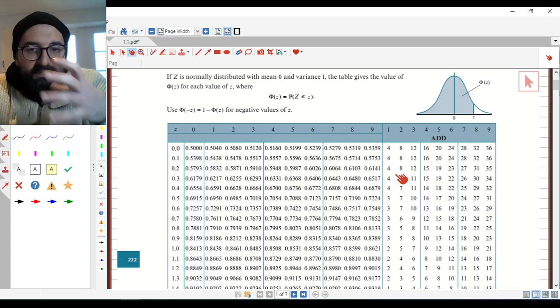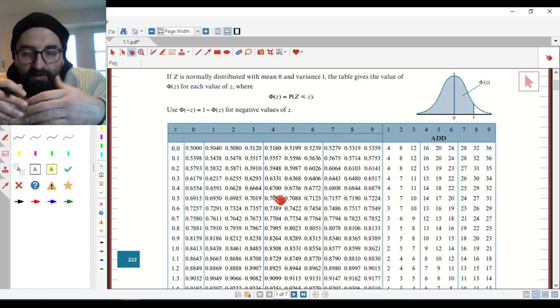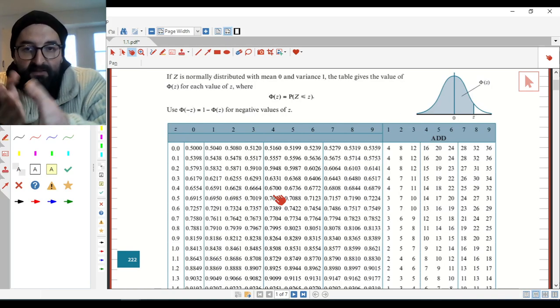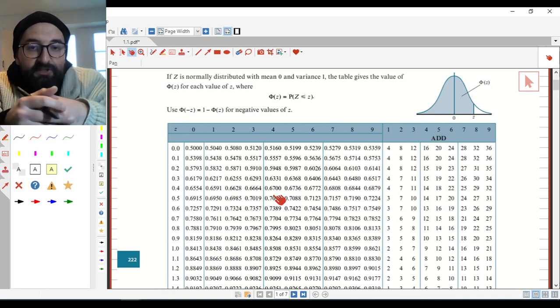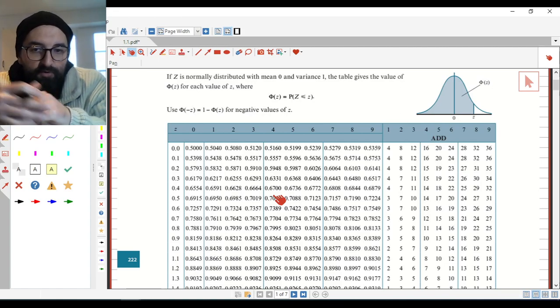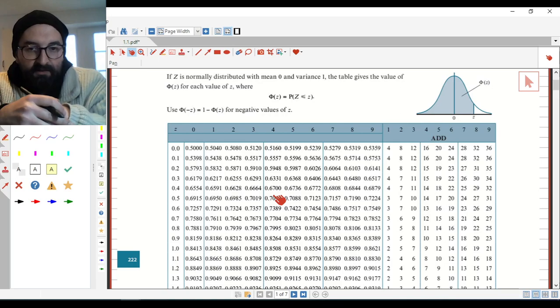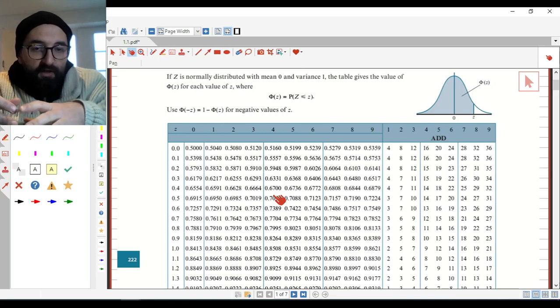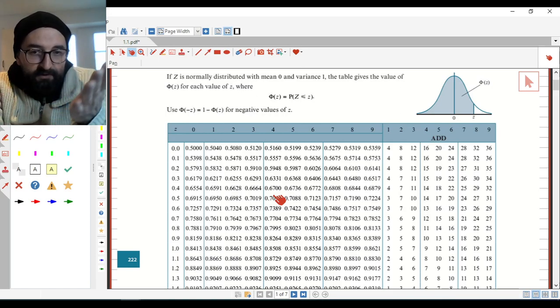We only use this table, because this table shows us the probability of all values in the normal distribution. This table was created by mathematicians by using this function and integration. We don't integrate any time for finding any probabilities, so we only use this table.